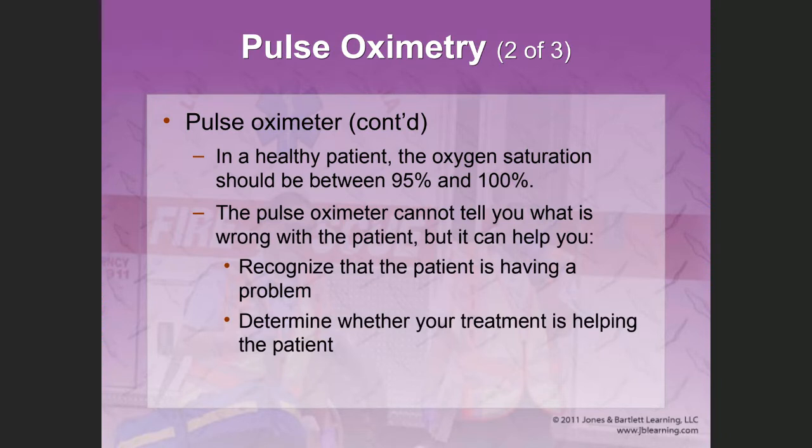So recognize that the patient is having a problem, determine whether your treatment is helping the patient. So if you're going to be giving oxygen, get that pulse ox reading on room air once the pulse ox is available. And then after you have given oxygen, look at the pulse ox. If it's going up, your oxygen treatment is working. If it's not moving or going down, then there might be another issue present.